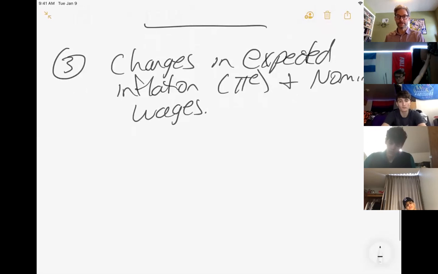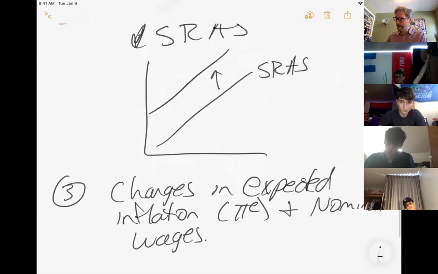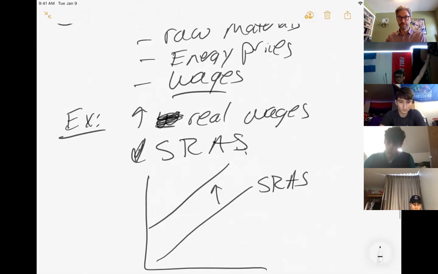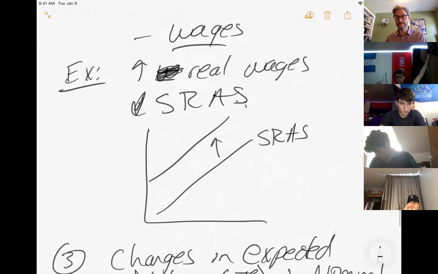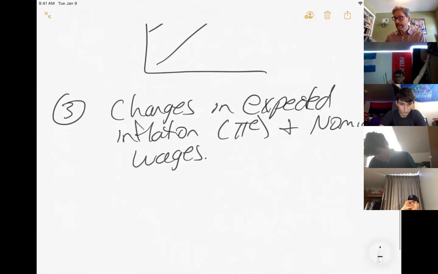And nominal wages. Expected inflation is one of the things that can change wages. So we just talked about how wages can shift short-run aggregate supply. Well, one of the reasons why wages change is because there's changes in expected inflation. Okay, so number 3 is really closely related to number 2.